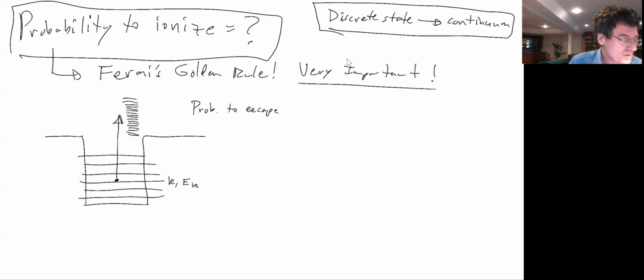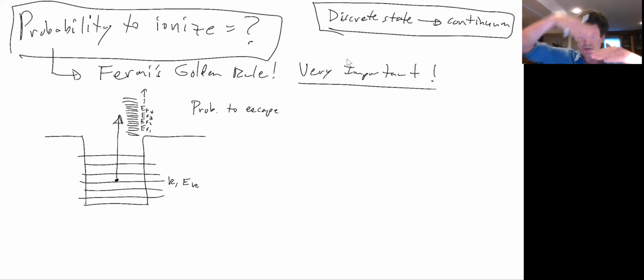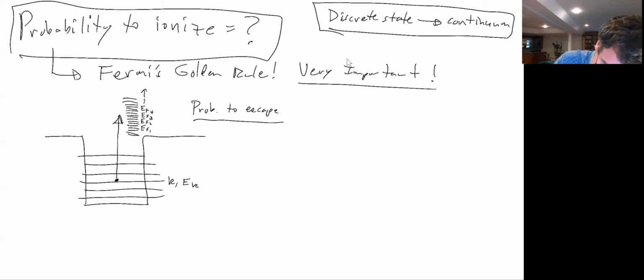And so what I have to do is I have all of these different possible final states. I have E_F1, and I could have final state 2 and final state 3, final state 4, etc. I have this infinite number of possible final states, and so the probability to escape is going to be equal.